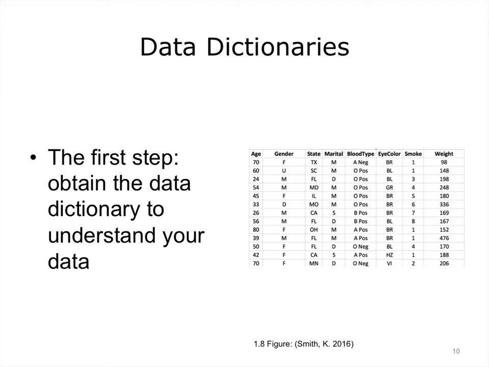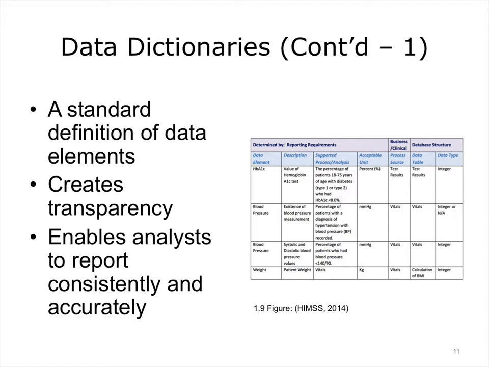The only way you would know that is to obtain the data dictionary that the researcher developed to explain each field. Obtaining the data dictionary is an essential first step in understanding the data you are working with. A data dictionary is defined by the Healthcare Information and Management Systems Society, or HIMSS, as a standard definition of data elements.